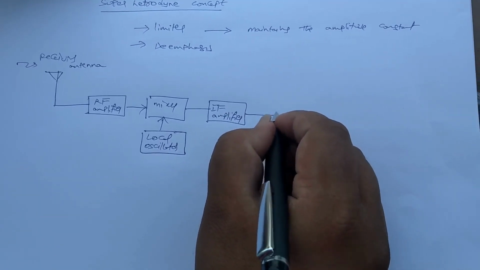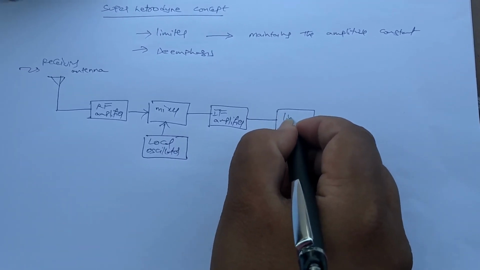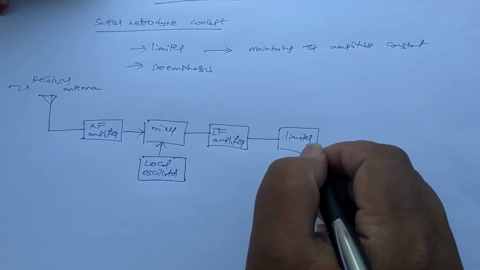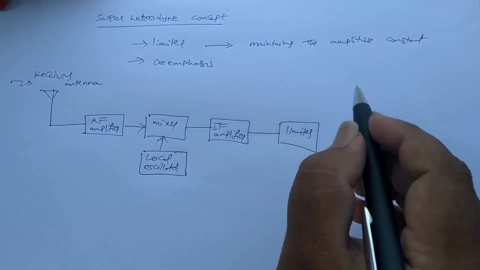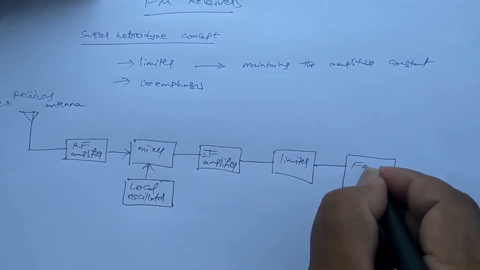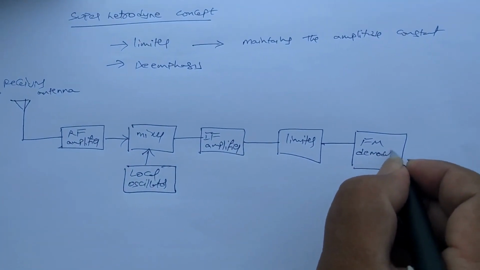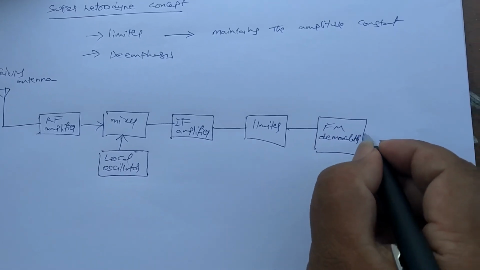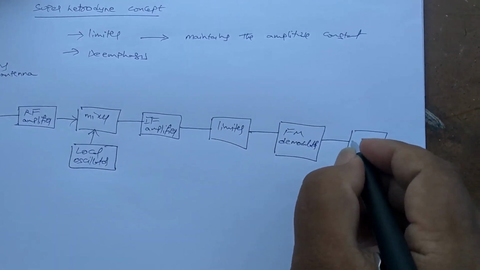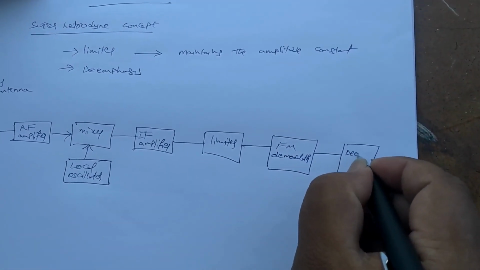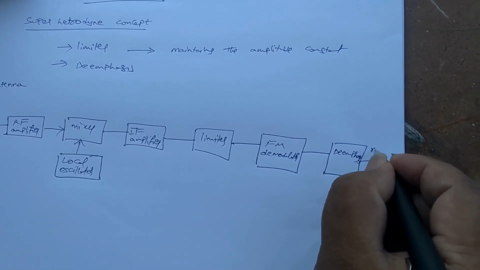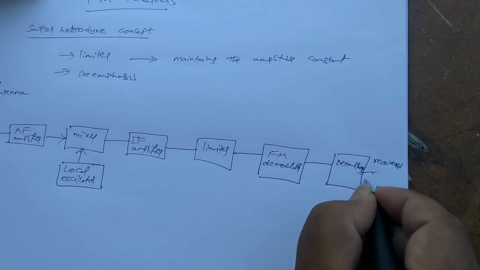After that, we would normally use the demodulator, but in this case we use the limiter, which makes the amplitude variations constant. It is followed by the FM demodulator, which may be a balanced frequency discriminator, and the result is the demodulated signal. Then we use the de-emphasis, which is opposite to the pre-emphasis, giving the recovered modulating signal.